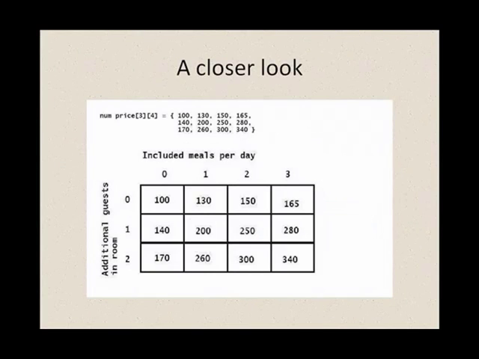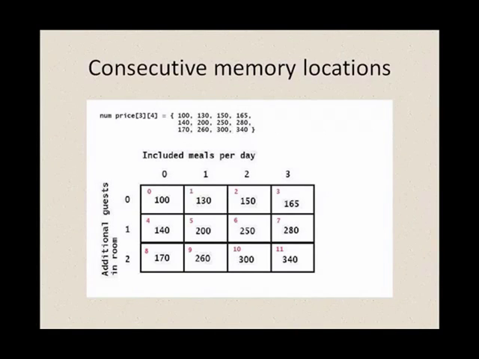Let's take a closer look at how the computer calculates the position in the array. Every position in the array has a memory address that's consecutively offset from the original address of the array. In other words, row 0, column 0 is 0 elements away from the beginning of the array, and row 0, column 1 is 1 element away from the beginning of the array, and so on.